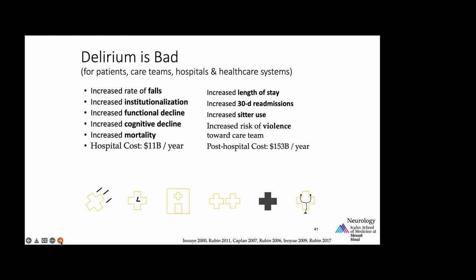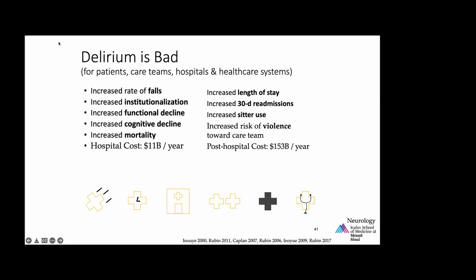And this is a debated area: was it that someone had underlying cognitive decline that was leading to or precipitating the delirium in the first place, or is it its own process? But regardless, there are a lot of factors within the hospital.